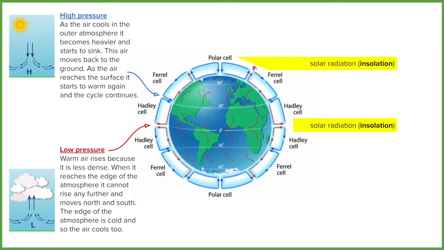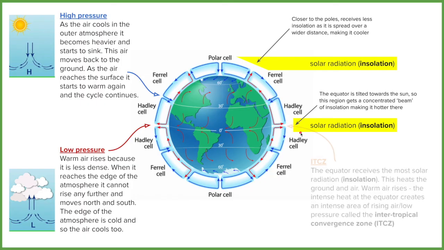So that means that this low pressure here is not going to be as intense because there's not as much radiation warming up this area of the land as there is here. So at this point here, we call this the ITCZ, or the Intertropical Convergence Zone. So this is the part that receives the most insolation, heats up the ground the most, and so it gets the most intense rising of air, or the most intense low pressure.